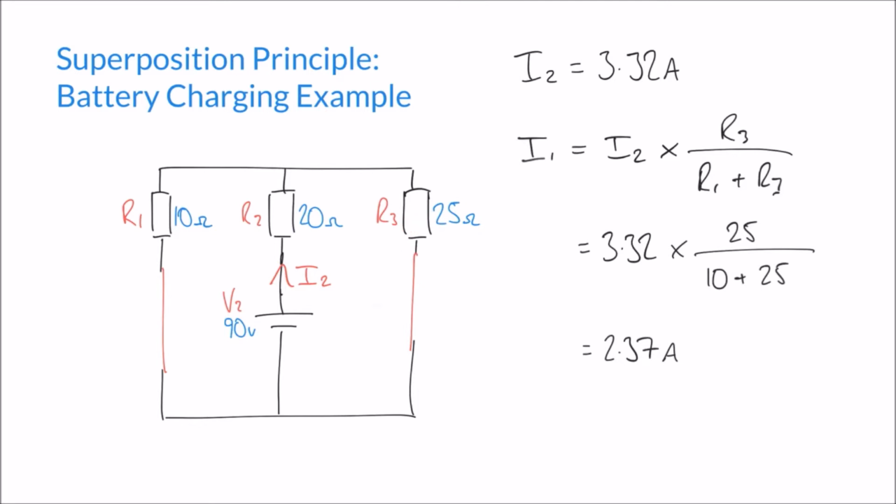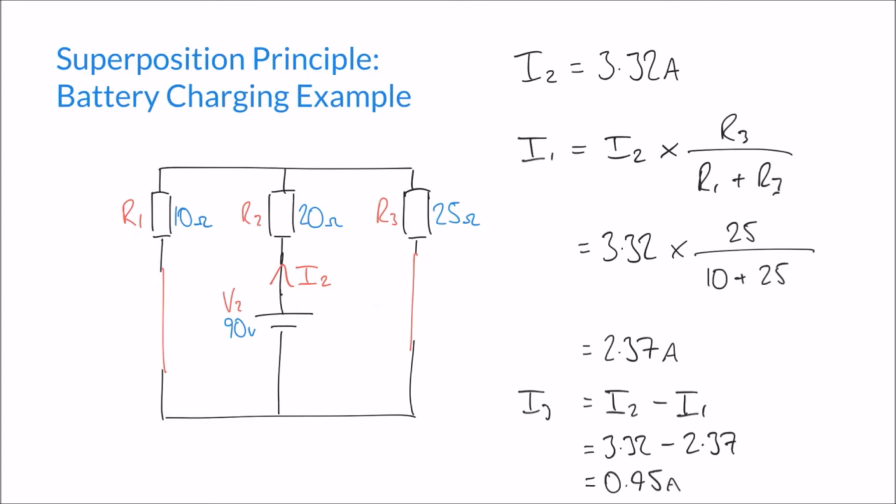We know that 3.32 amps flows out of our power supply. 2.37 of those amps becomes I1 flowing down this way, and the remainder must be I3. And so I can simply say that I3 is going to be I2 minus I1. Putting some numbers in, 3.32 minus 2.37 gives me an I3 in this case of 0.95 amps.